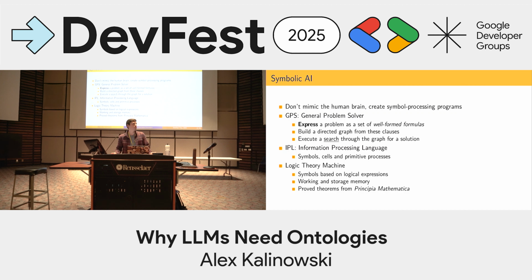So there's two different camps within AI. There's symbolic AI and connectionist AI. And in symbolic AI, the idea here is don't mimic how the human brain works, just try to use symbols or programs to encode everything that we possibly know.